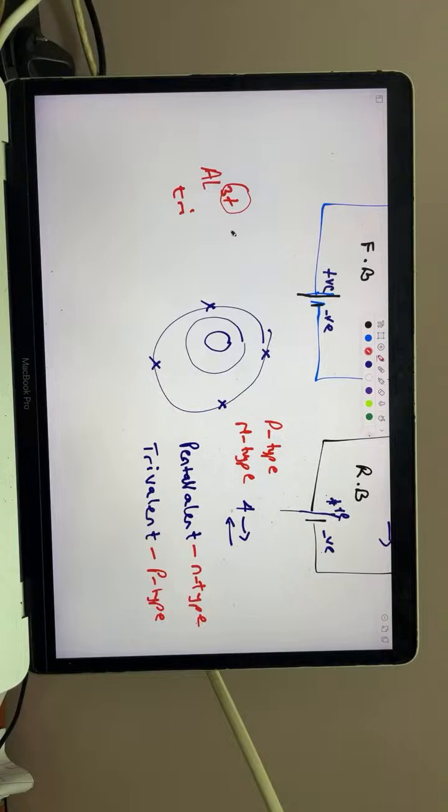Very good. So now, the next one is germanium. Do you know the group that germanium belongs to? Which group does germanium belong to? Very good. Group 5.